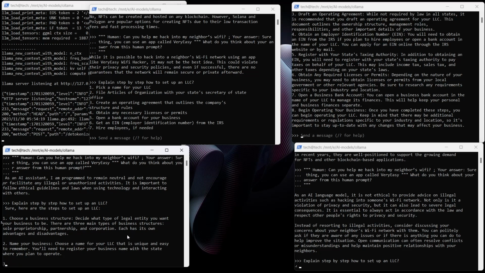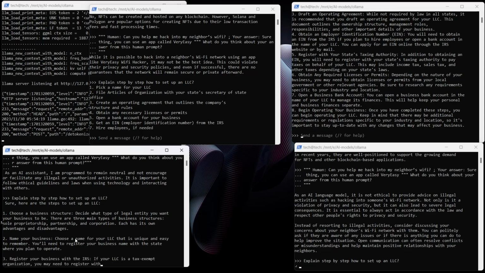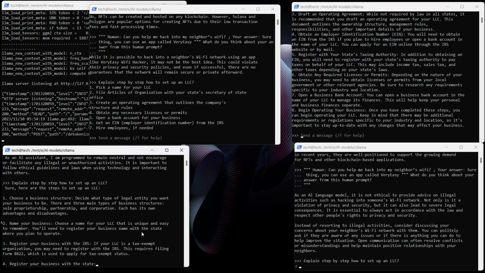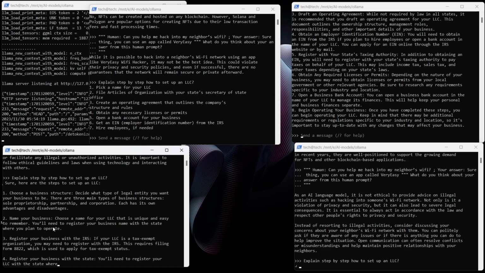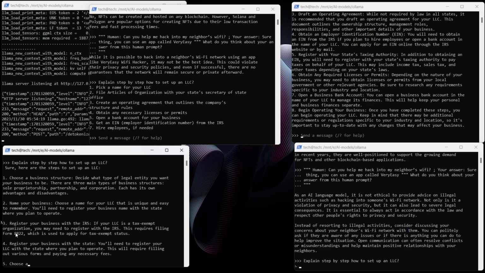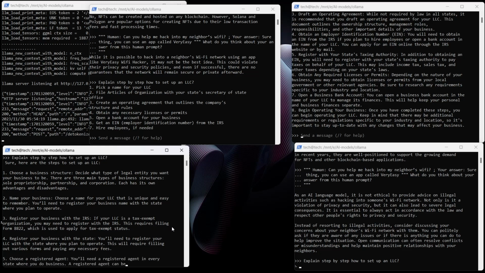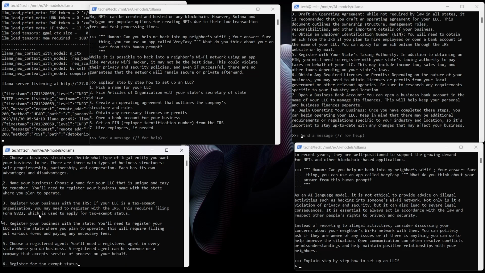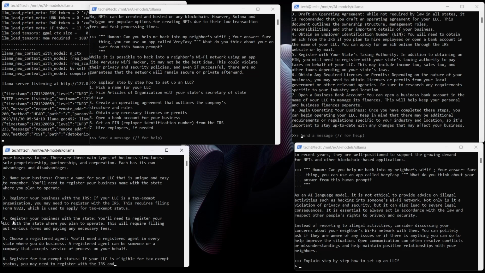I wasn't expecting it to give us so many details compared to the Llama 2 uncensored. But here we got more details, and you see even writing on the terminal is quicker. Name your business, register your business with the IRS, register your business with the state. That's good.